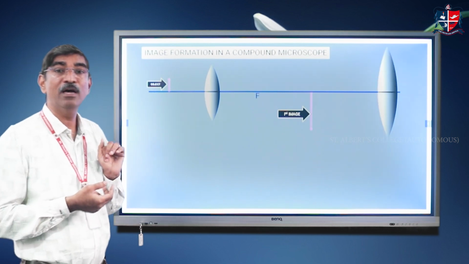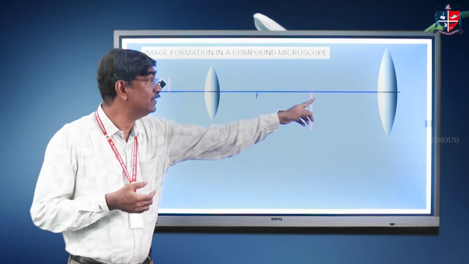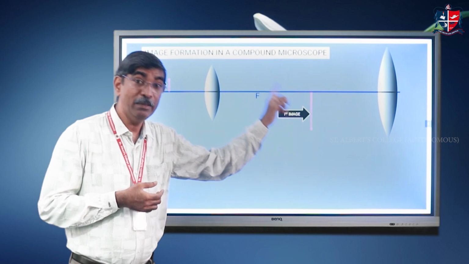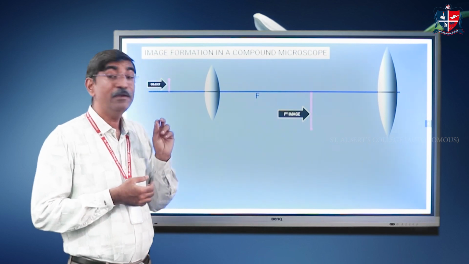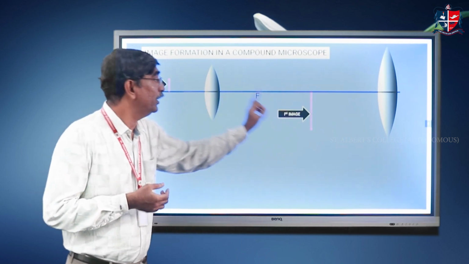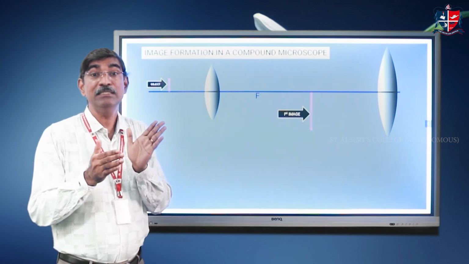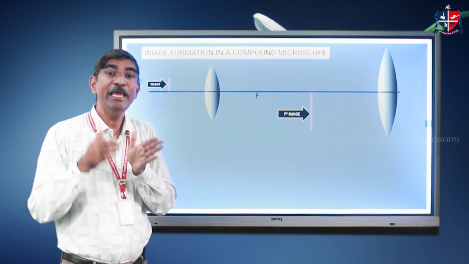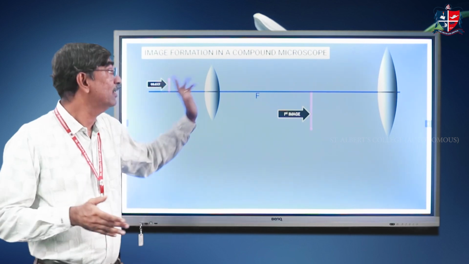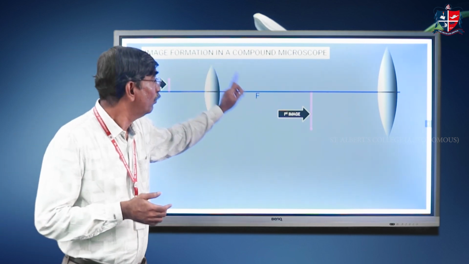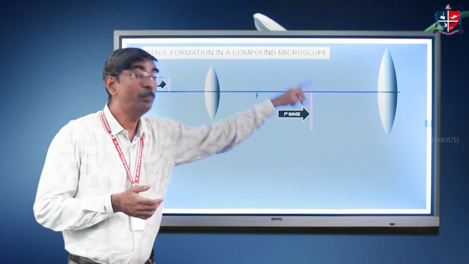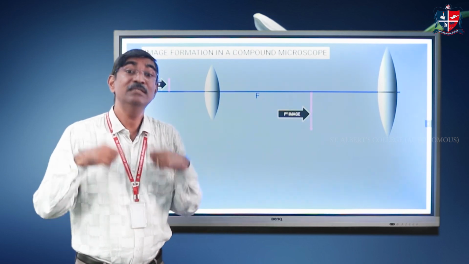Then we are placing the second lens, that is the eyepiece, and here the image formed by the first lens is placed in such a way that it lies between the focus and optic center of the second lens.